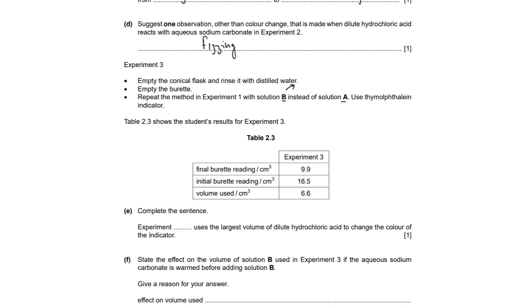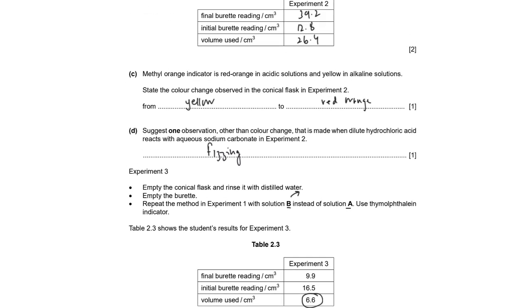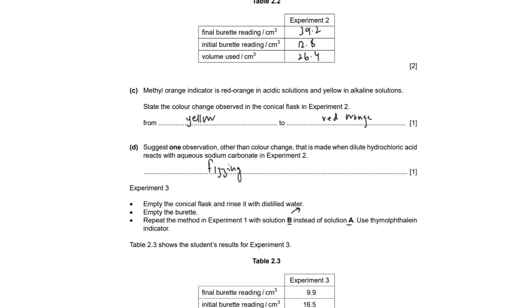Great. Now complete the sentence. Experiment dash uses the largest volume of dilute HCl to change the color of the indicator. Okay, let's see. Experiment 3 used 6.6 and experiment 2 used 26.4, right?